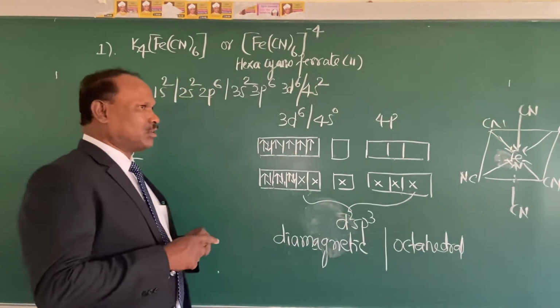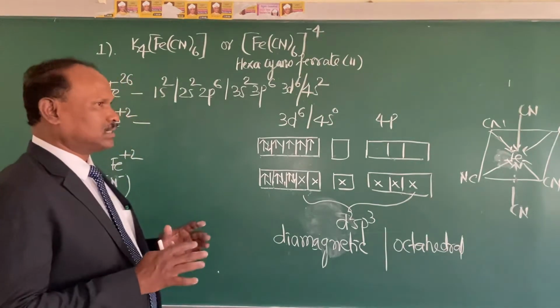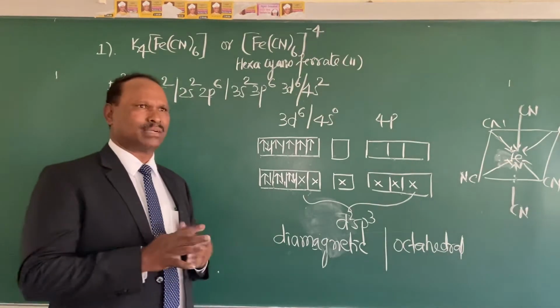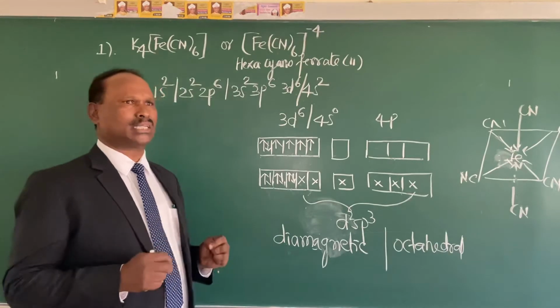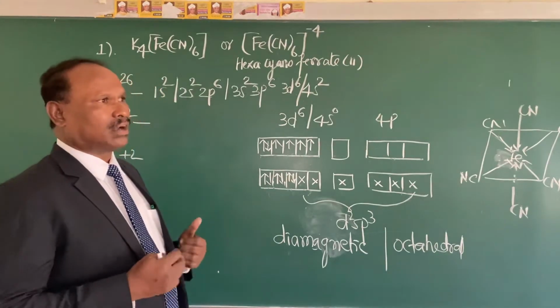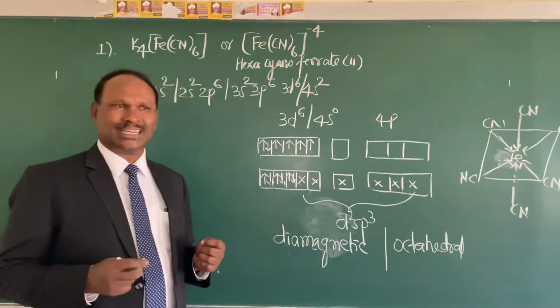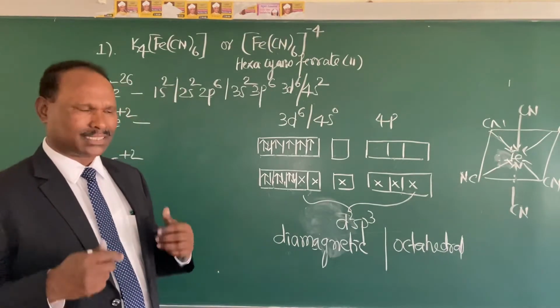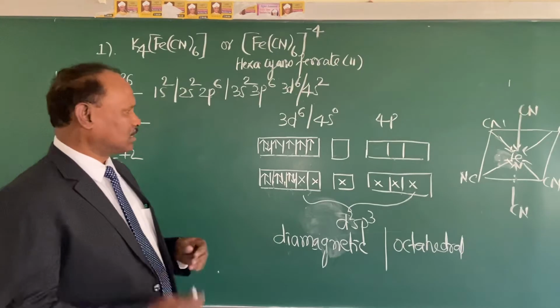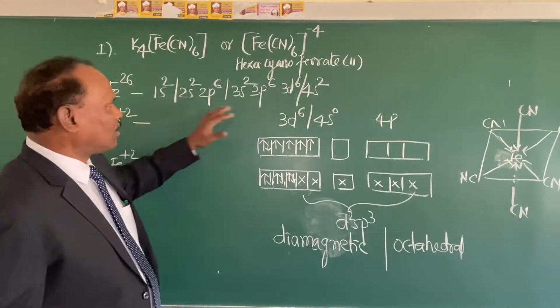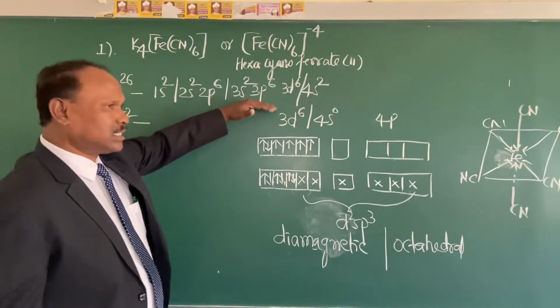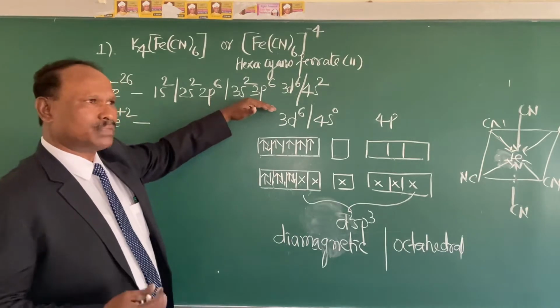Now in valence bond theory, I said those orbitals of the central metal ion which do not take part in bond formation are called non-bonding orbitals, and the electrons present in them are called non-bonding electrons. So you observe here, up to 3p orbitals, they do not take part in bond formation.